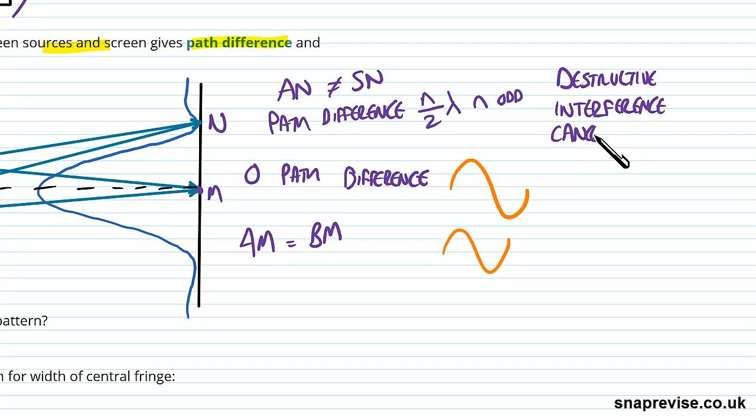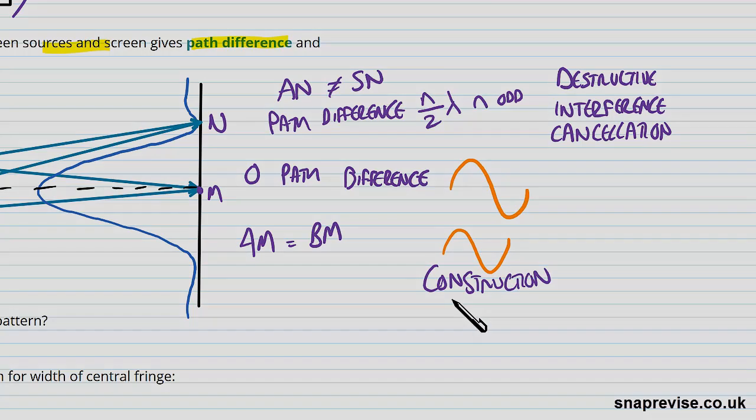We'll call it cancellation as well. So here we have cancellation occurring, whereas here we had constructive interference with these two orange waves.